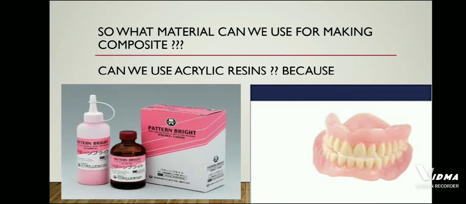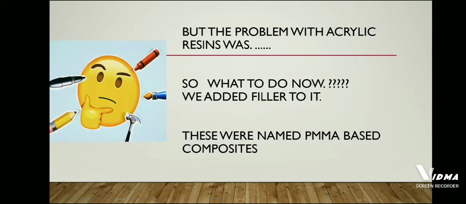We can use acrylic resins because of their tooth like appearance, they are insoluble in oral fluids, and because of ease of manipulation and low cost. So we can think about using acrylic resins in composite, right? But the problem with acrylic resin was its poor resistance, and it tended to shrink severely during curing. Also, excessive thermal expansion and contraction was present with acrylic resins.